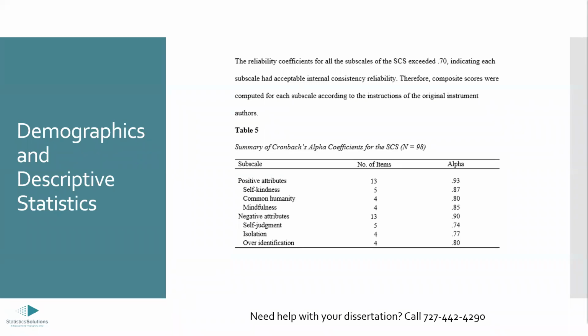We state that they all exceeded the cutoff for acceptable reliability, and explain that we computed composite scores for each of these variables. So again, just a short example of how you might present and write up the results for your Cronbach's alpha.